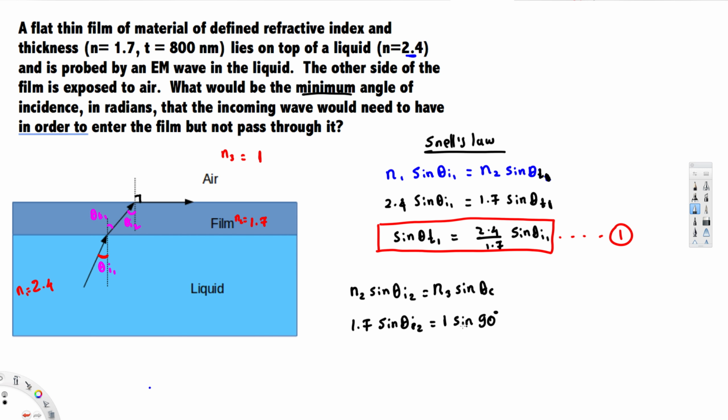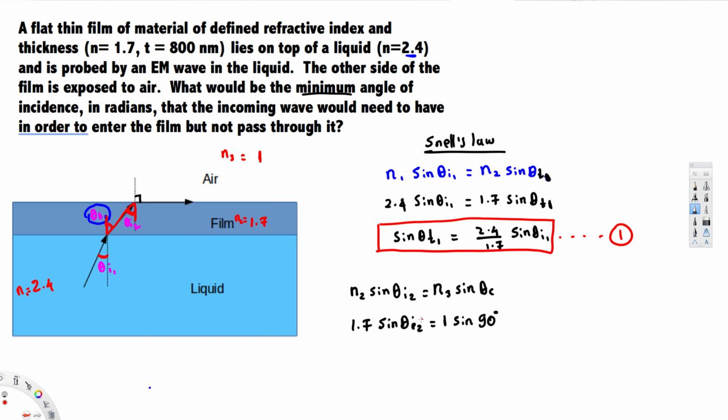Now we have all this information available, and here we have to notice one more thing. If you look at this part, this theta T1 is this angle, and this theta I2 is this angle. If you look carefully, you will see a Z shape. When you have a Z shape with parallel lines, it means these two angles are equal to each other.